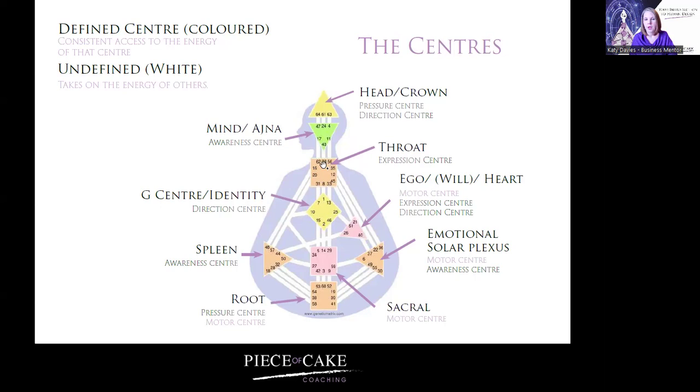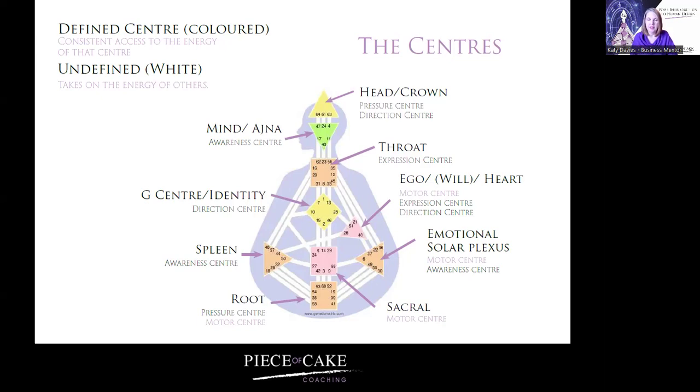The gates in the throat are all to do with your expression, and the gates in your emotional solar plexus, because it's your emotional center, are all to do with how you're feeling and your emotions. So if you start looking at, say, gate 37 and reading about it, but haven't realized that's actually in your emotional center, the 2 are connected.